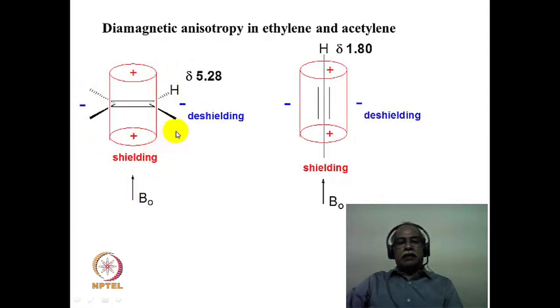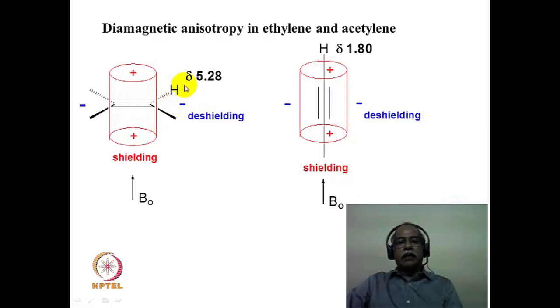Under these circumstances, the induced magnetic field because of the pi electron will have an anisotropic effect such that the area under the cylinder shown here, for example, will be a shielding zone, whereas the area which is away from the cylinder, indicated in the blue here, will be a de-shielding zone. In other words, the hydrogens which are in the red area will be highly shielded, whereas the hydrogens which are away from the red shielded area will be highly de-shielded.